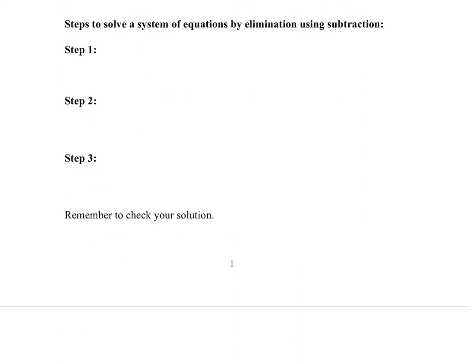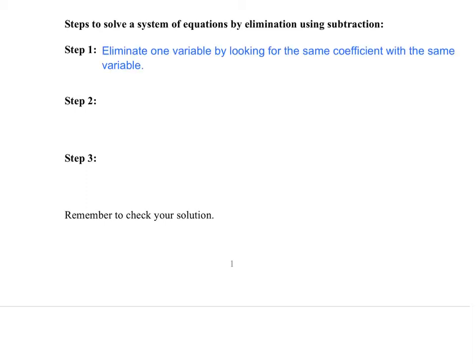Step 1, eliminate one variable by looking for the same coefficient with the same variable. An example of that would be 2x and 2x.